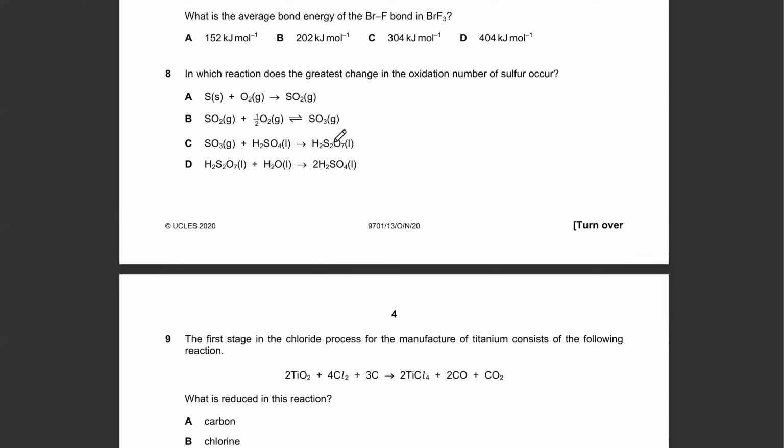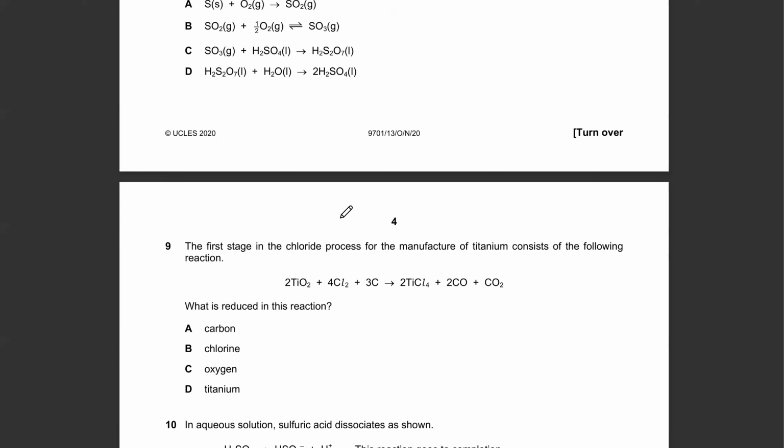What is the oxidation state of sulfur over here in H2S2O7? Plus 6. So this is not a redox, right? Because it's plus 6 and it's plus 6 over here as well. Anyways, next one. What is reduced in this reaction?